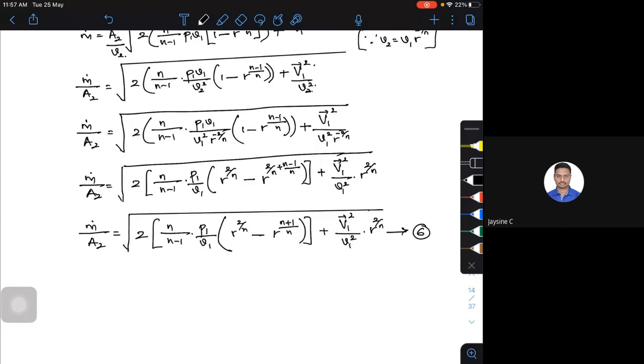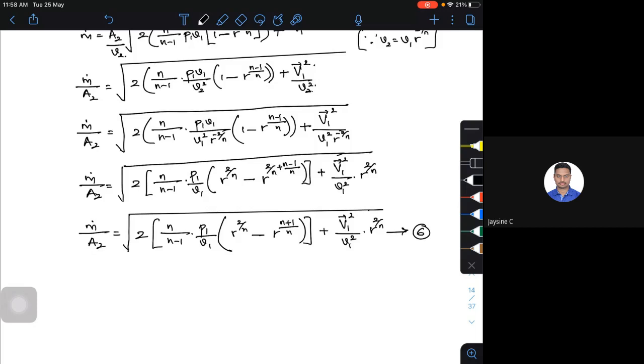That means if I differentiate this equation 6 and equate it to 0, I'll get the critical pressure ratio, the same one I got for a nozzle flow without initial velocity. I'll be getting the same critical pressure ratio for this case too, with an initial velocity or inlet velocity, so the expressions will be very similar.